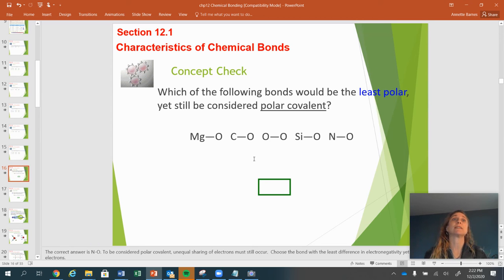So anything that is a 0.4 difference or less is not included in the polar covalent because it would be non-polar. Okay, so maybe you want to pause the video and look these up. I can tell you right now, with oxygen, that's going to be 0 electronegativity difference, so don't even bother with that one. Okay. How did you do?